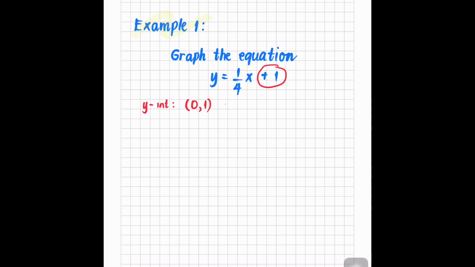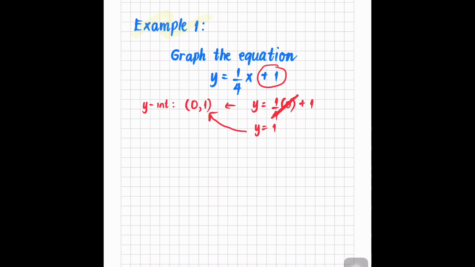For this example, making x equal to 0 and solving, you can see that this will be gone because 1/4 times 0 is 0. Then you have y equals 1. And that goes back to here.